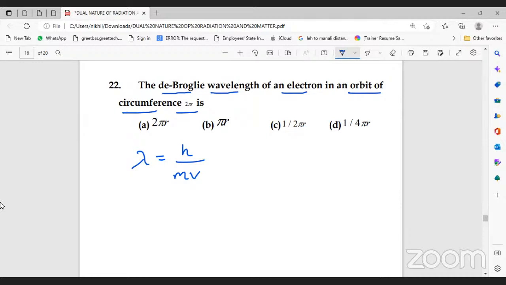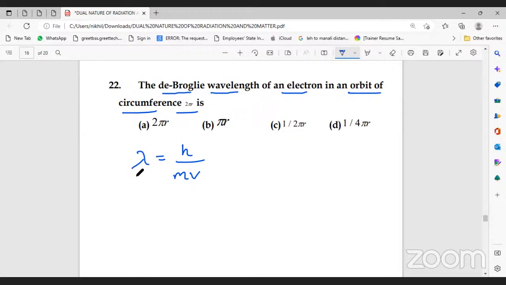Now you want the answer for the de Broglie wavelength in terms of the circumference. How to get the de Broglie wavelength lambda in terms of circumference?